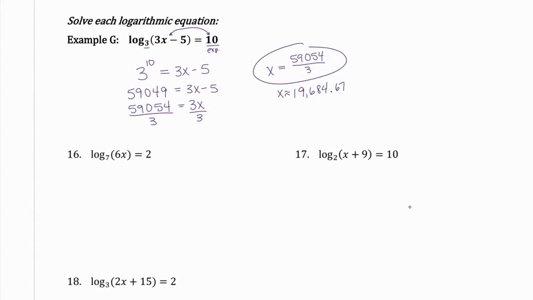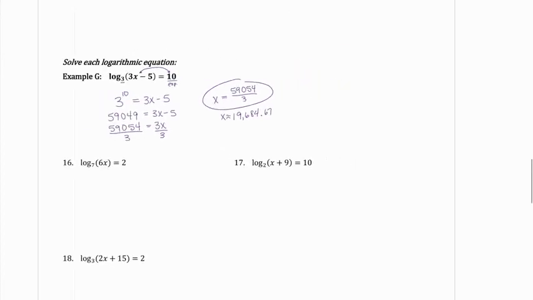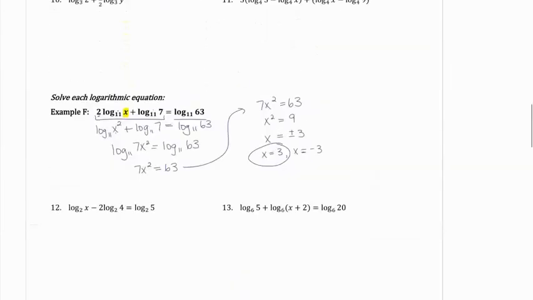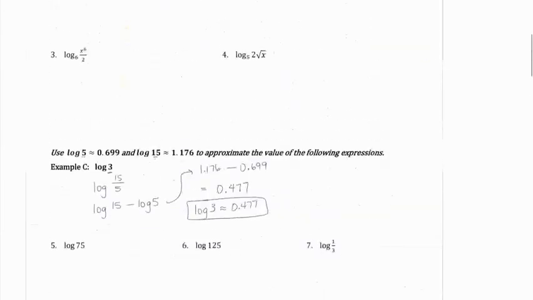I would want to check here if I plug that back in to make sure that I don't get a negative, but that times 3 is just going to give me that big number, minus 5, which will still be positive. So we're good there, right? So do a quick check just to make sure that you won't end up with a negative argument in your logarithm. All right, those are the basics of our solving logarithmic equations and using your logarithmic properties.